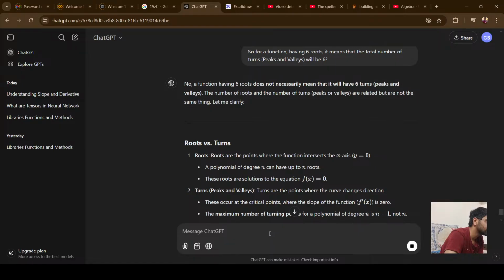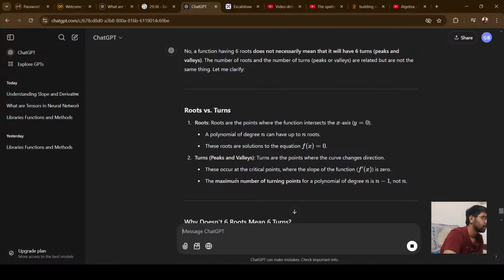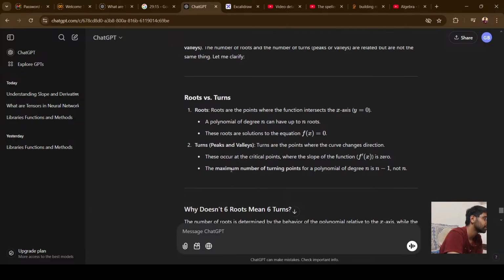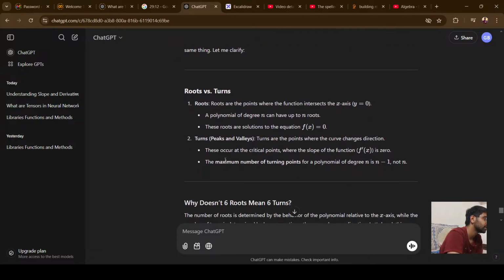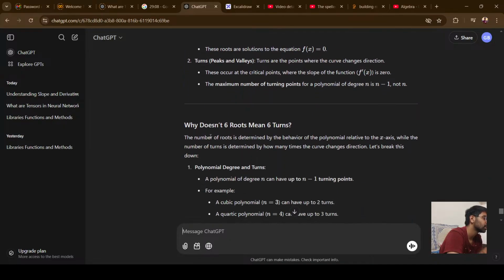Roots are the points where the function intersects the x-axis. A polynomial of degree n can have up to n roots. These roots are solutions to the equation f of x equal to 0. Turns are the points where the curve changes direction, occurring where the slope of f is 0. The maximum number of turning points for a polynomial of degree n is n minus 1. Acha, why? Okay.